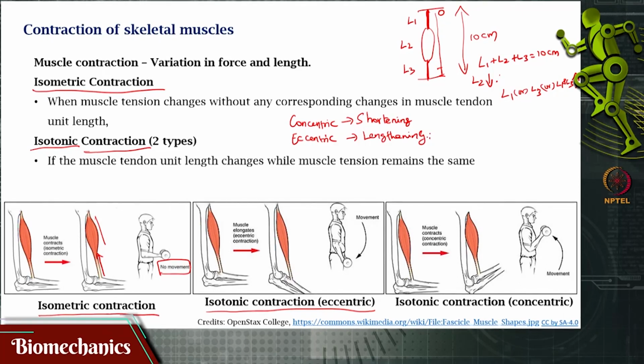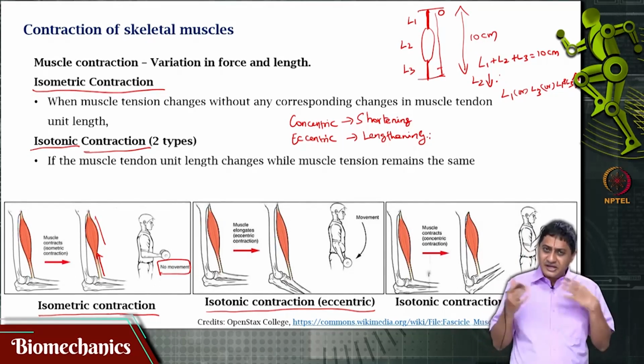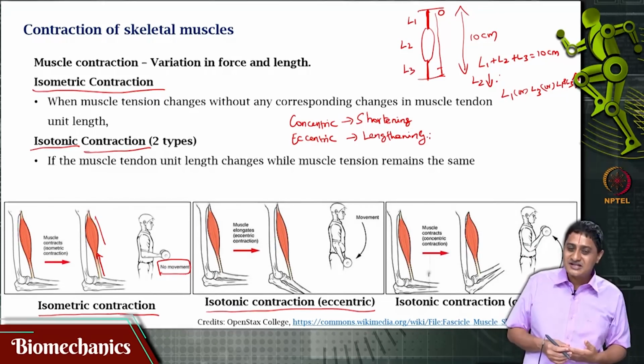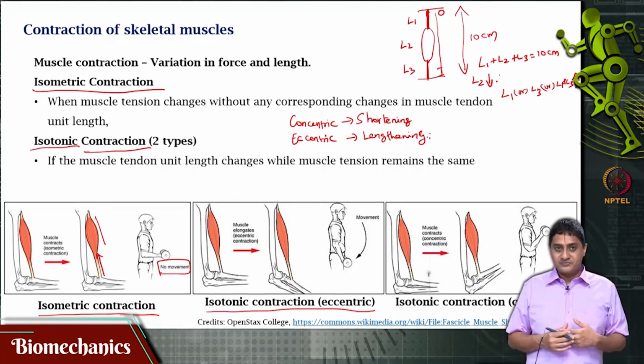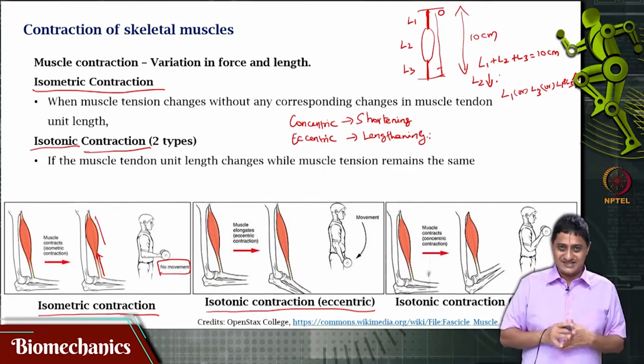Again, these names are quite interesting, because what do you mean by shortening contraction? Contraction means shortening, is it not? When you say contraction in general, in English, you are referring to a shortening. What do you mean a shortening contraction? This means that the movement of the muscle or the change in length of the muscle is along the expected lines.